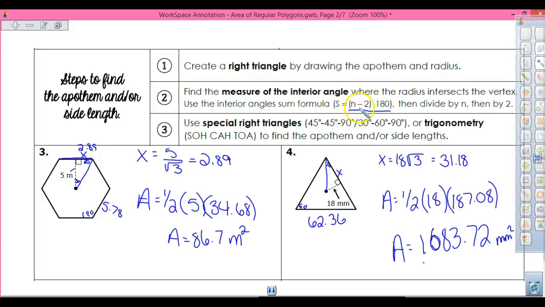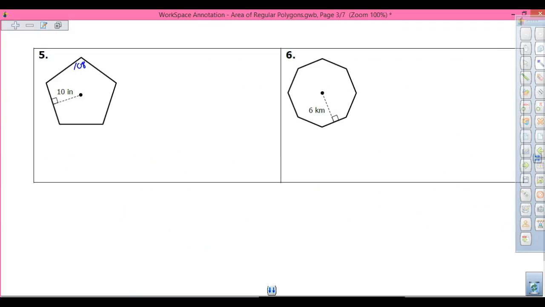Minus 2 is 3. So 3 times 180 gives us 540, and then we divide by the number of sides, which is 5. That gives us 108 degrees, which means half of my little angle right here is 54.